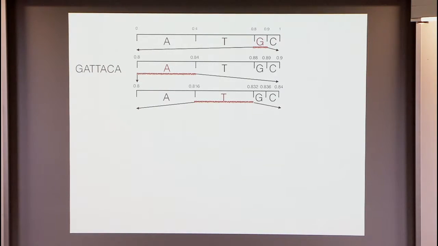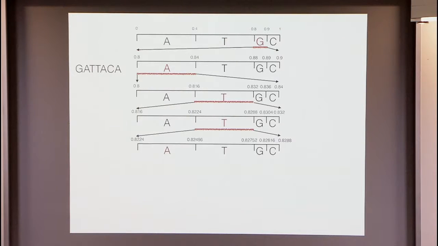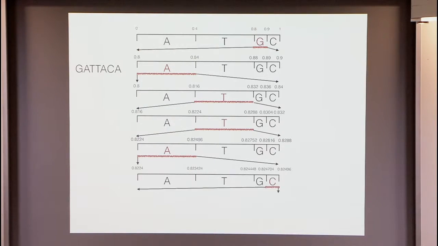T is going to fall in this window. Same thing. We just get to more and more decimal places. And finally, we end and say, well, we're at the, there we go.